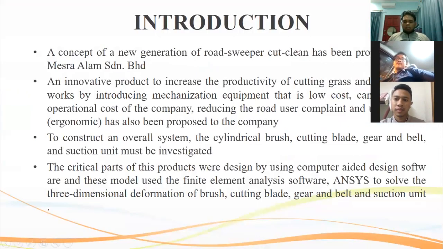So for introduction, we have proposed a concept, a design to the Mesra Alam Senam Berhad company to increase the productivity of cutting grass and road sweeper works by introducing mechanization equipment that is low cost, can reduce the operational cost of the company, reduce road user complaints, and is user friendly.